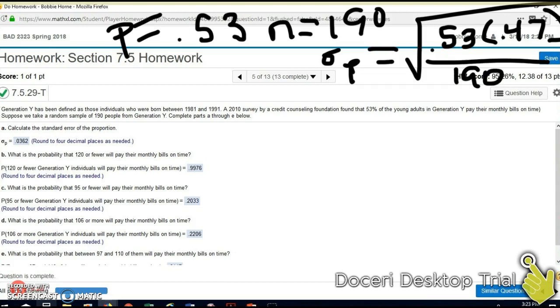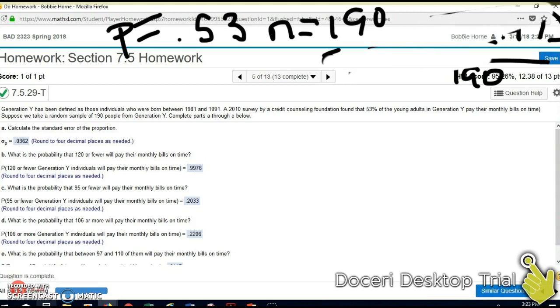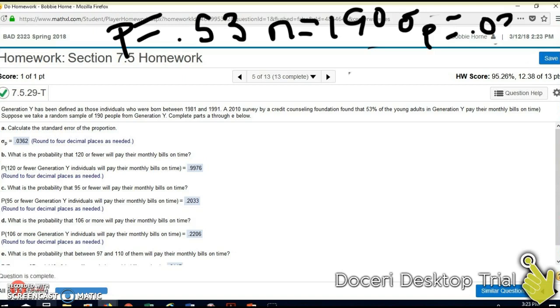If you calculate that, you will get 0.0362. So we know the standard error of the proportion is 0.0362. So we will put that in our information up here to calculate each of the following.